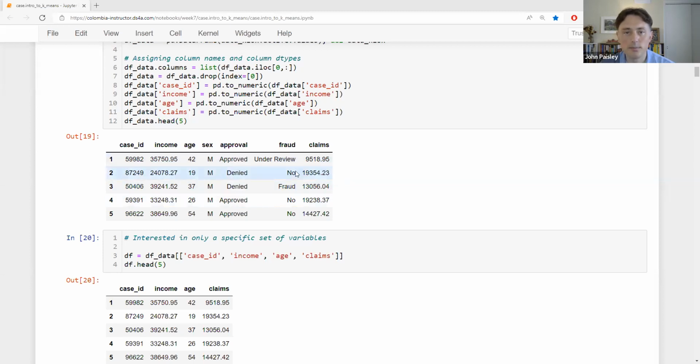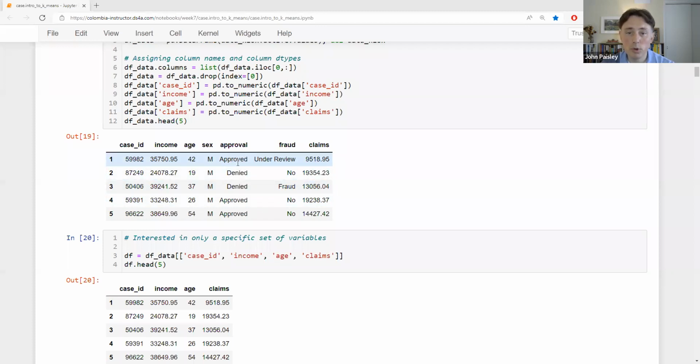The sixth column then tells you whether there was actual fraud or not. This is not something that we're going to be using, but it's useful to know what kind of data sets are out there, so we can still talk about it. So this is saying whether or not there was fraud. Some of them were approved and there was no fraud.